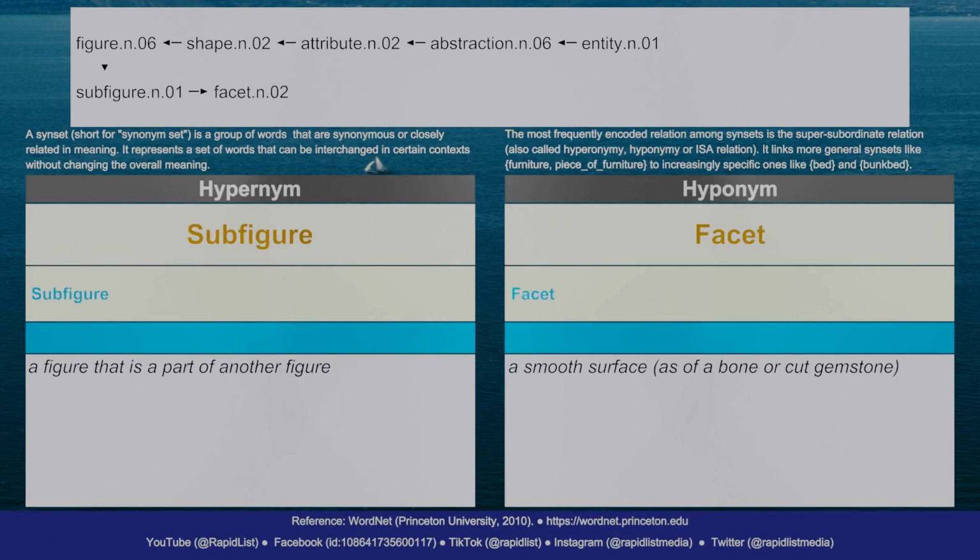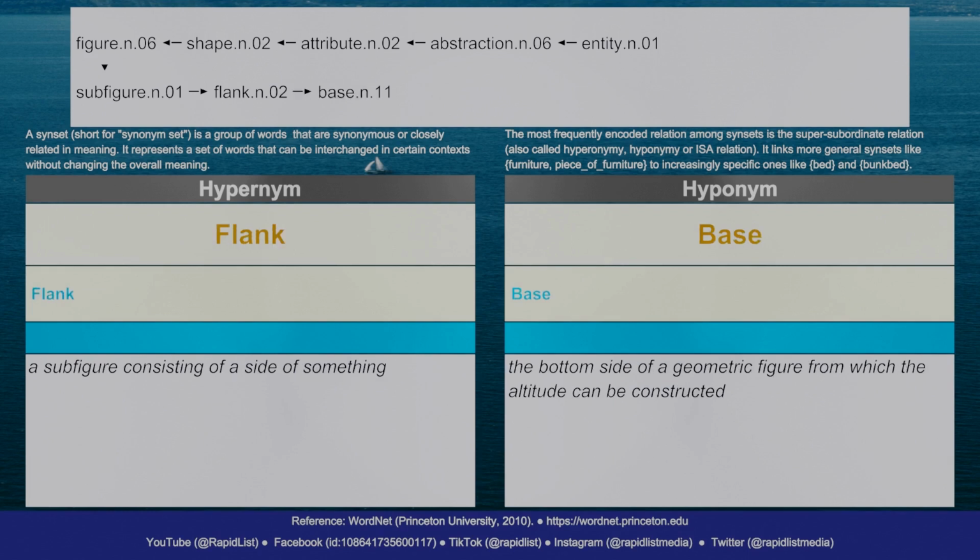Facet. A smooth surface, as of a bone or cut gemstone. Flank. A subfigure consisting of a side of something. Base. The bottom side of a geometric figure from which the altitude can be constructed.